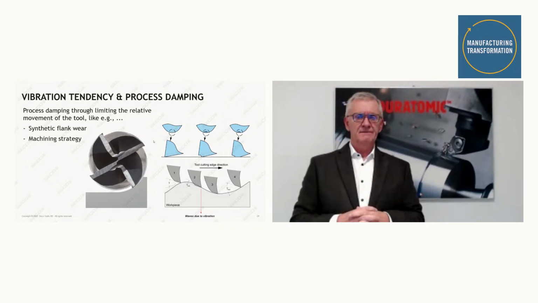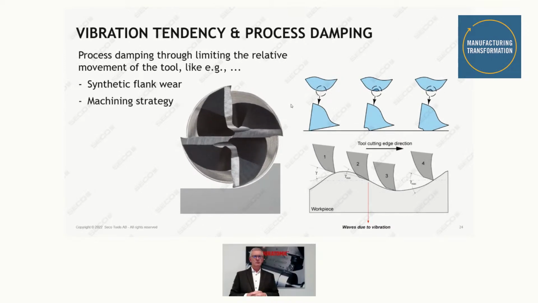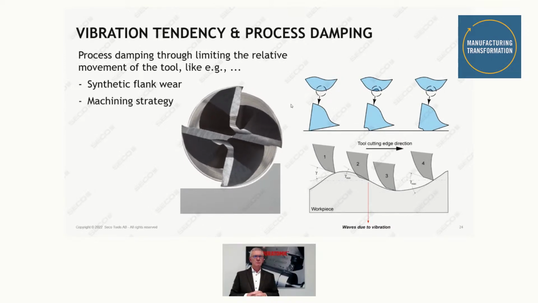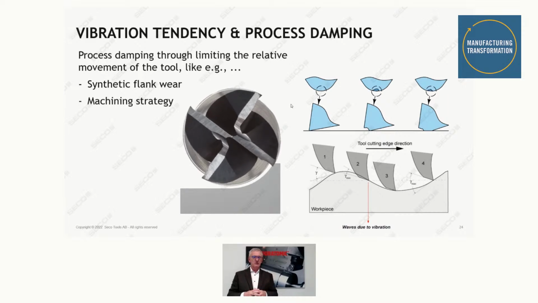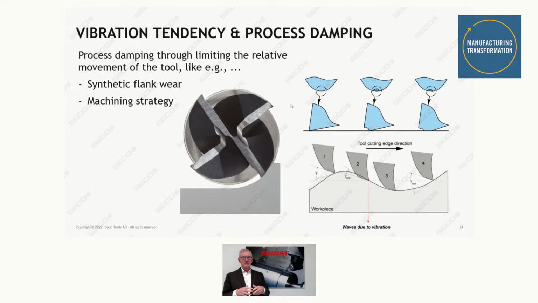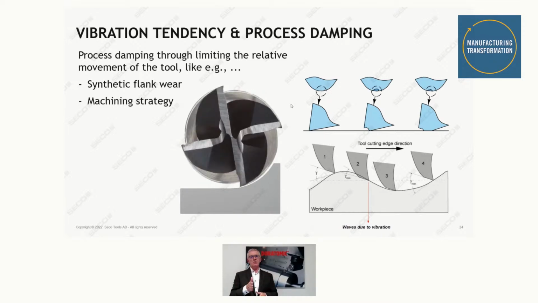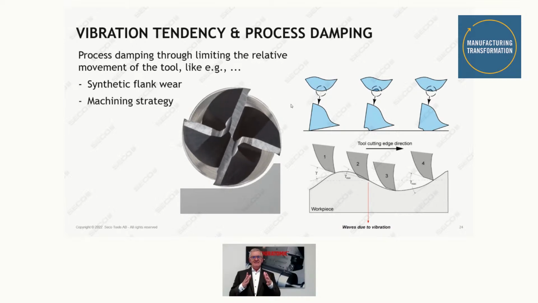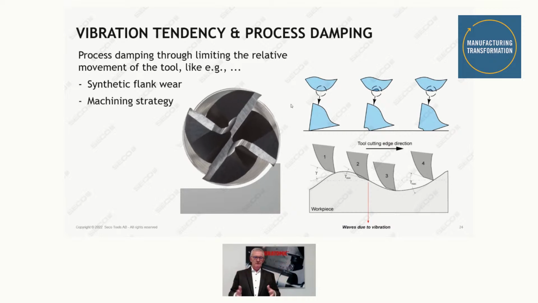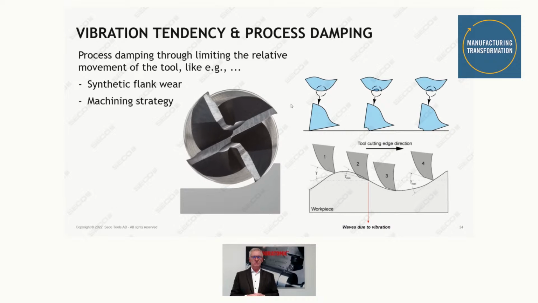On a micro scale, you have to damp the relative movement of the cutting edge around the equilibrium position, the actual cutting position at one point in time. And that is the mission here. Damp the tool.